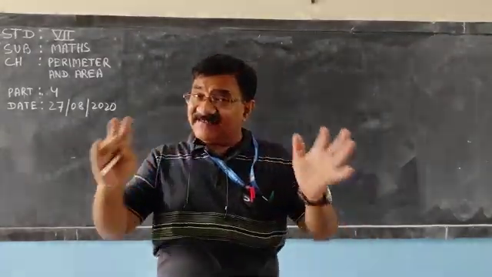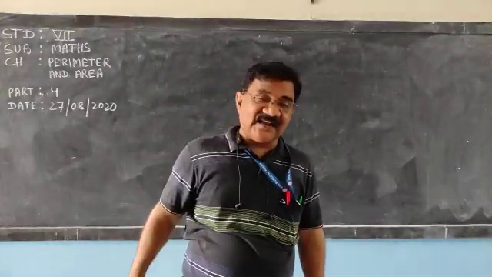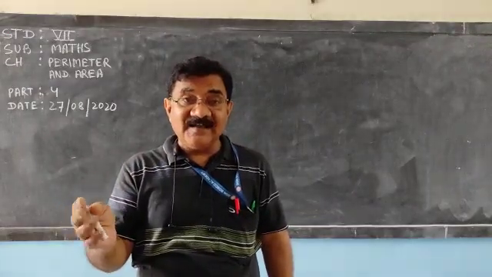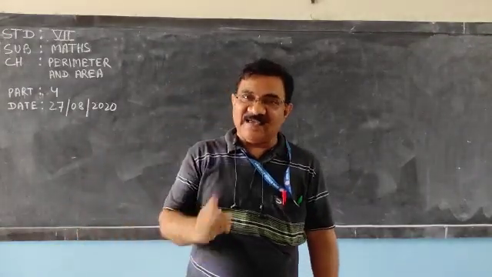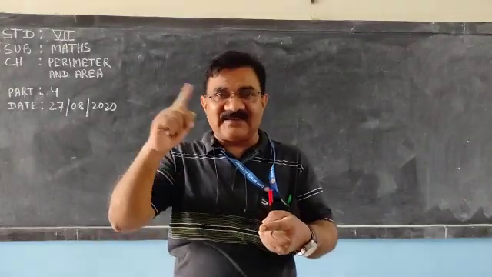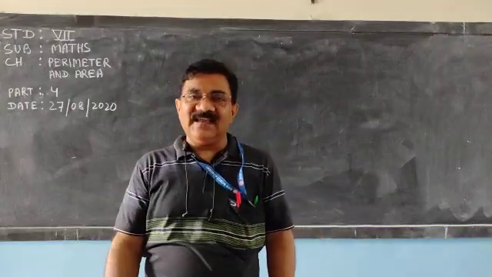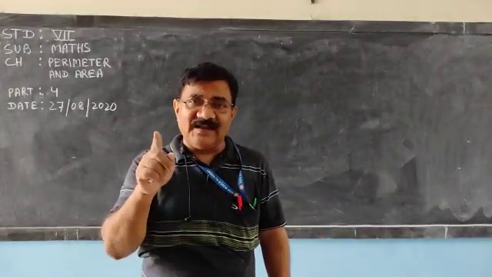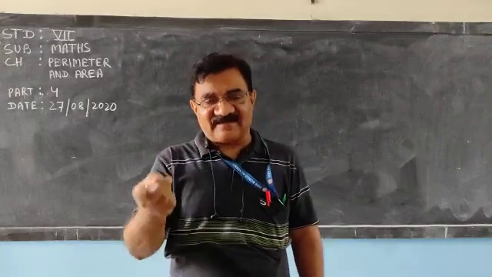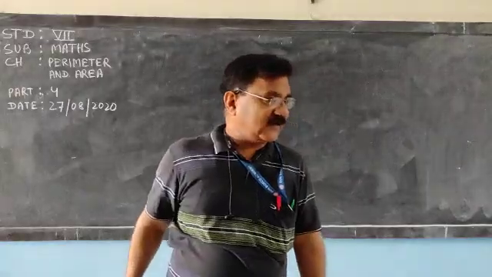If three sides are given, then we have discussed Heron's formula: we have to find the semi-perimeter S, which is equal to the sum of three sides divided by 2, and in that case the area of the triangle is equal to root over S into (S minus A) into (S minus B) into (S minus C). That part is clear.